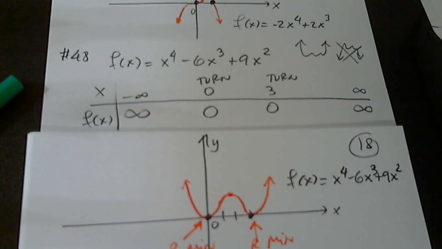So x to the fourth, and then minus 6x cubed, and plus 9x squared. So the viewing window should be definitely negative 2 to 4, with a scale of 1, and negative 2 to 2, no. I'm going to change this to probably 8, I'm not sure.